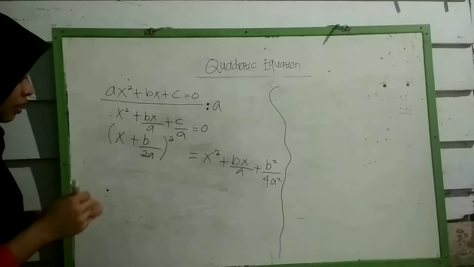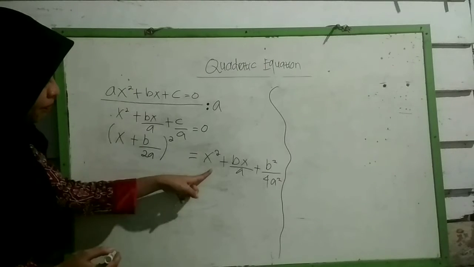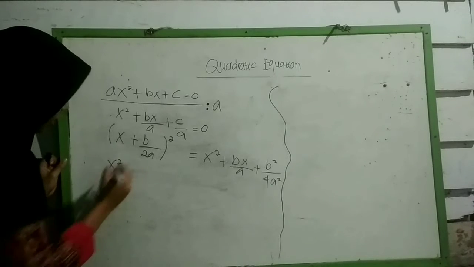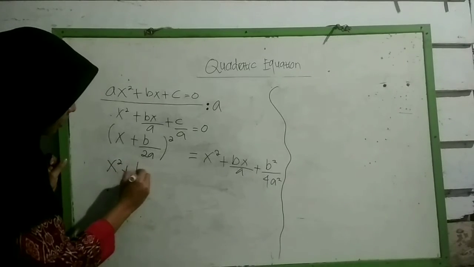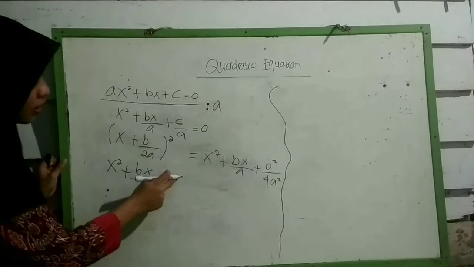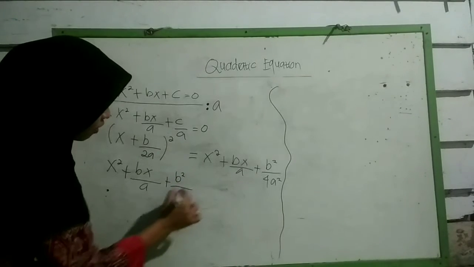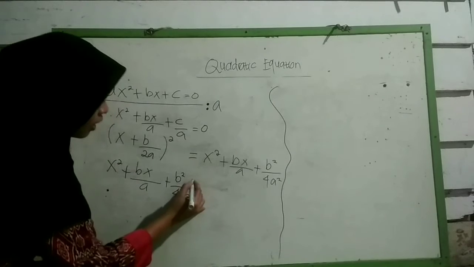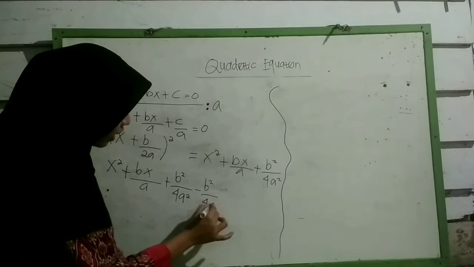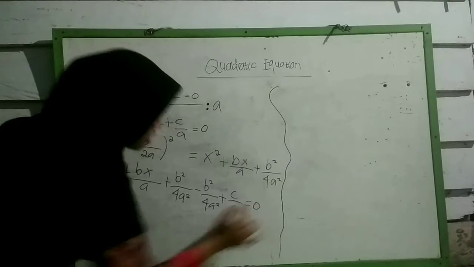And then how do we go to the next step? x squared plus bx over a, we can subtract b squared over 4a squared, with minus b squared over 4a squared plus c over a equals 0.